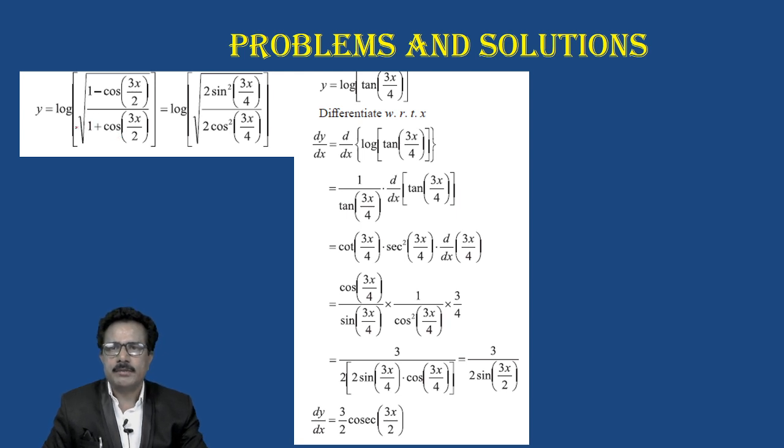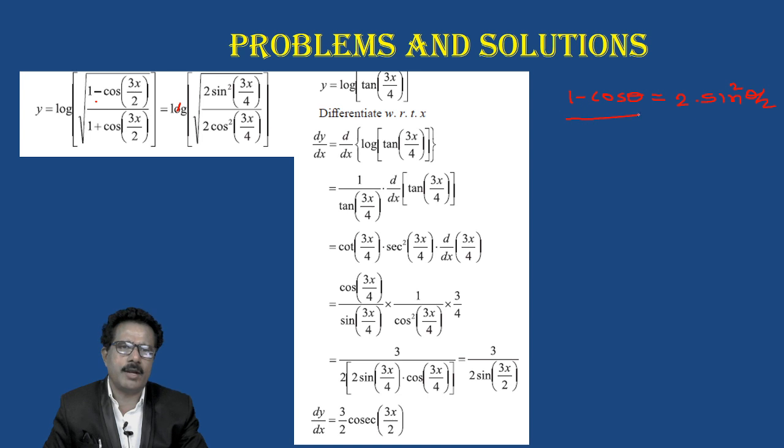Now keep this root as it is, log as it is. What is the formula for 1 minus cos 3x by 2? Use the formula for 1 minus cos theta. What is the formula for this? 1 minus cos theta means 2 into sin square theta by 2.